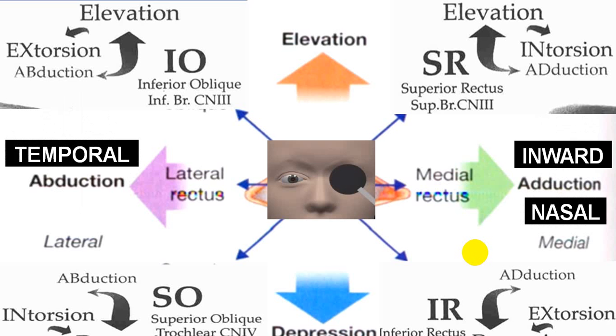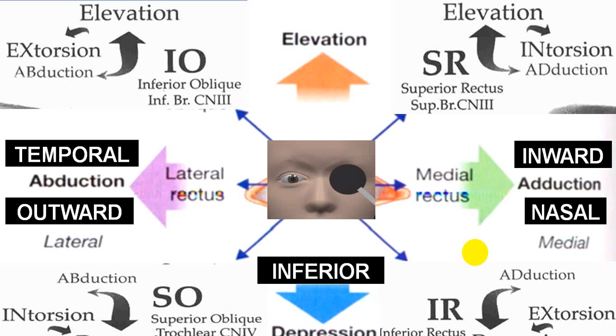When lateral rectus is working, we use the word abduction or temporal movement or lateral movement or outward movement. So there are 4 words: temporal, abduction, outwards and lateral, while medial rectus will be inward, adduction, nasal and medial.